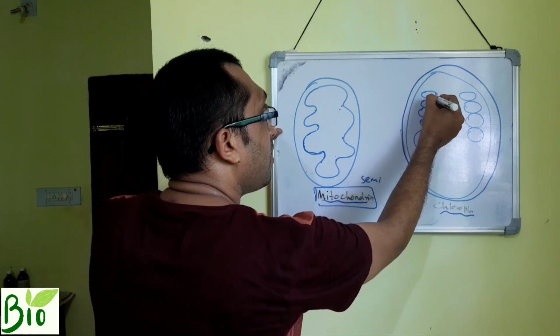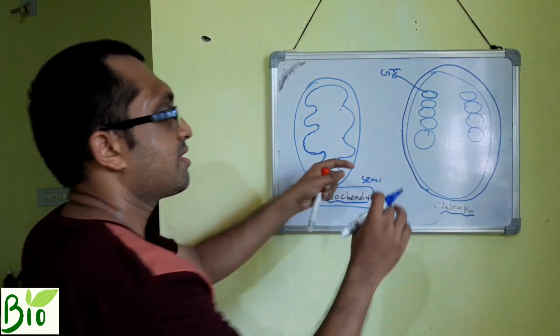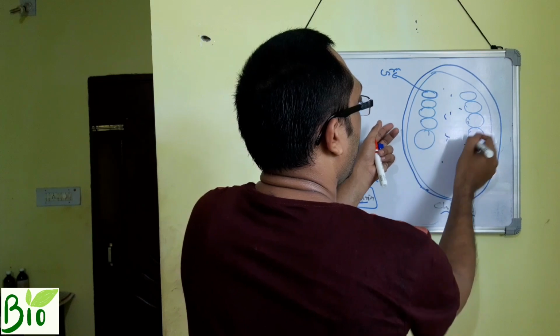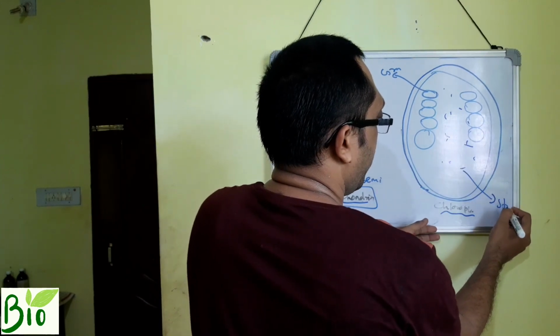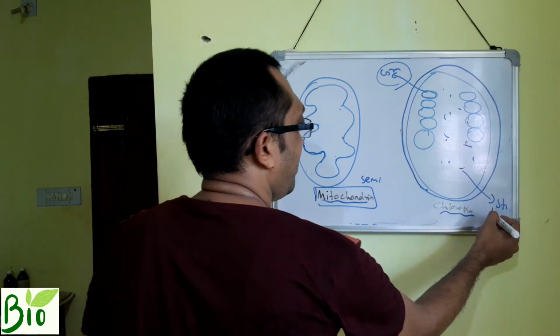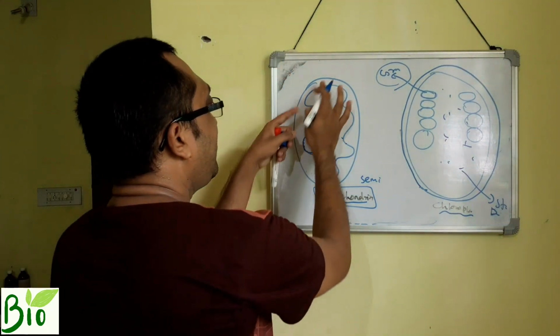In the chloroplast, this structure is called grana and the enzyme part is called stroma. In grana, the light reaction occurs. In stroma, the dark reaction occurs. So here the ATP is produced.